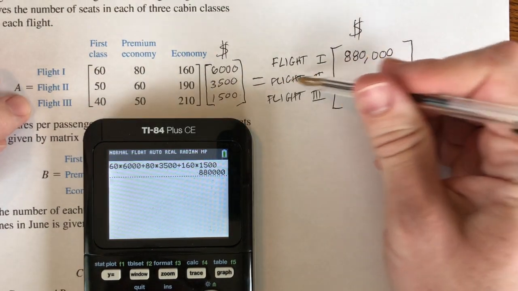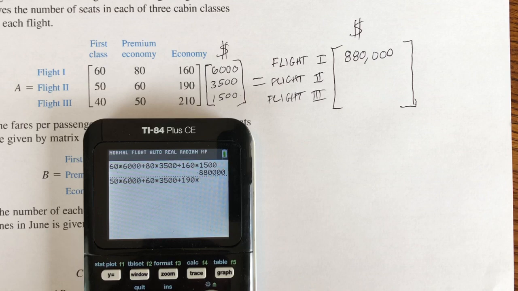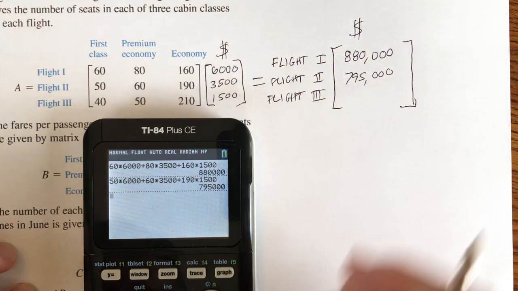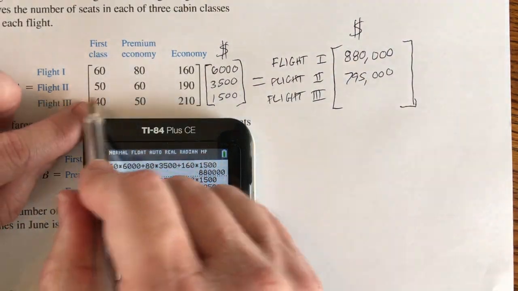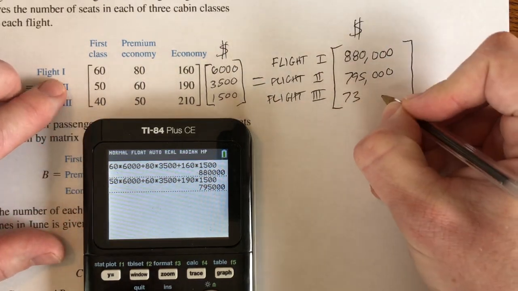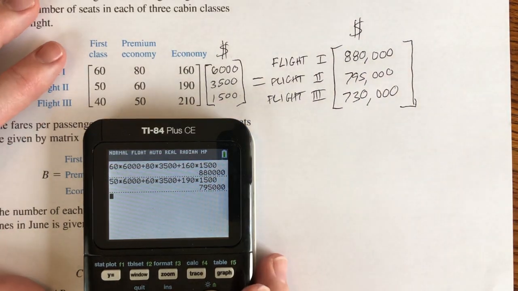For the next one, flight number 2, we're going to do 50 times 6,000 plus 60 times 3,500 plus 190 times 1,500. And we get $795,000 for that one. If I did the same thing for the final row, multiplied through this column, you'd end up with $730,000.